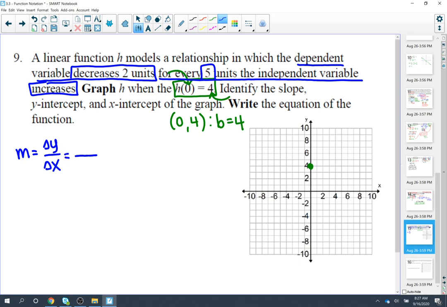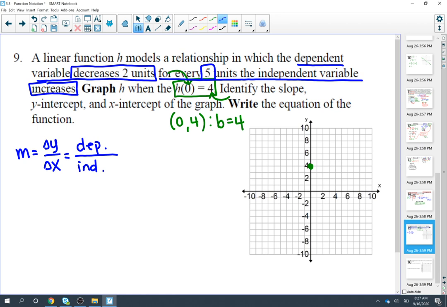Remember, your x is your independent variable and your y is your dependent variable. You can also think of your x-axis as independent, which is more science-based, and your y-axis as dependent. So whatever happens on y depends on whatever is happening on x.